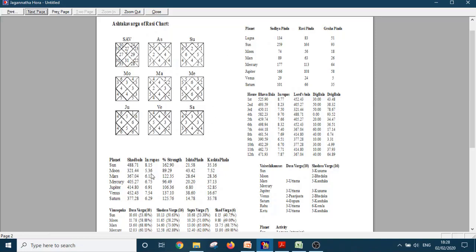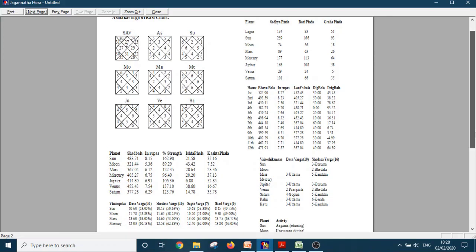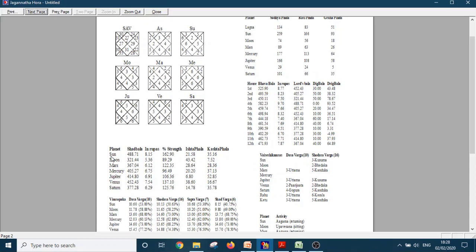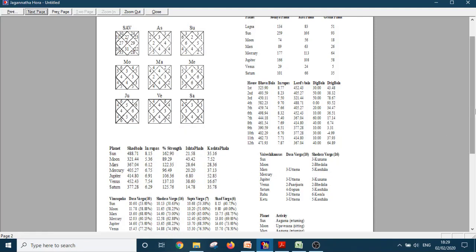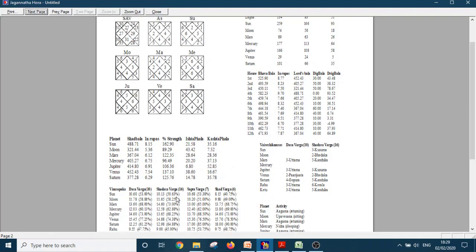Now here you have got the strength of planet. When we talk about the planets, I'll go through what these strengths are and how they are used. But for the time being, just understand that planets in every chart will either be strong or weak or just neutral, and how strong, how weak, you can really get that understanding from this chart.